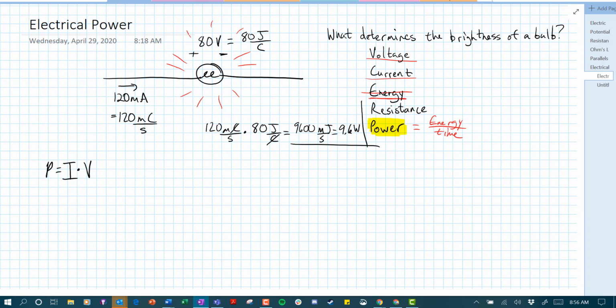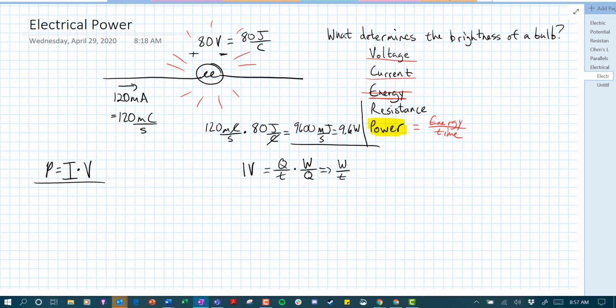The current times the voltage will give us power, and that's just because current is charge over time, and voltage is work per unit charge, so that cancels to give us work over time. So there we go. There's our definition of electrical power right there.